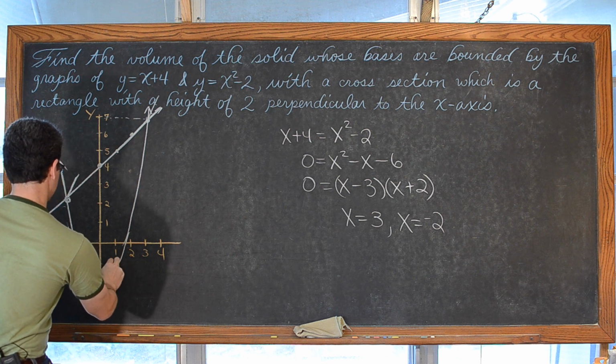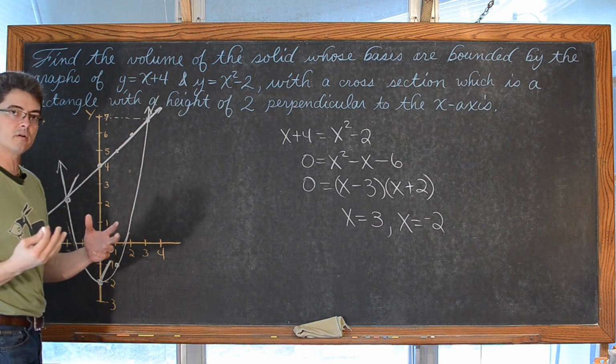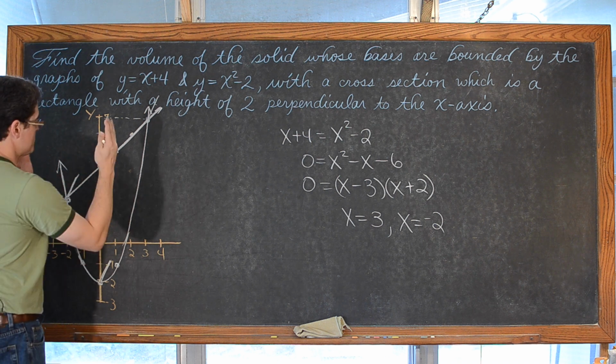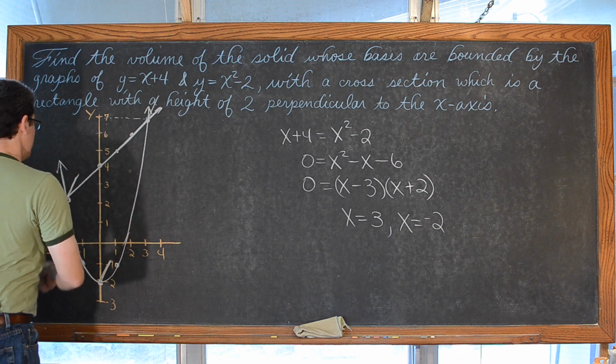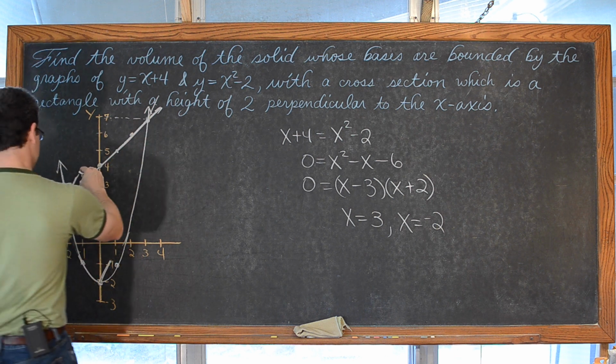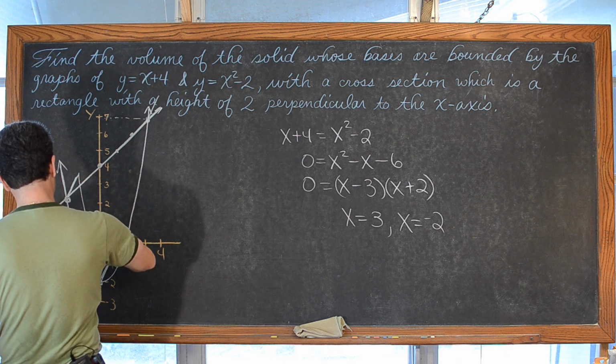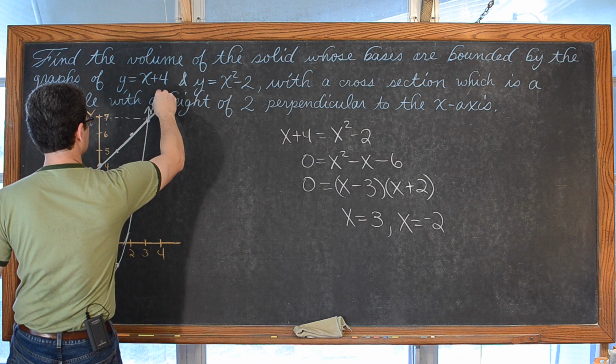Usually lately I've been stopping the video and just making these pictures, but I want you to have some idea of how to draw your own three-dimensional objects. So I drew a decent parabola and a line, and now I'm going to come off again at these key points and draw some parallel lines. They really need to be parallel, and they all need to be the same length.